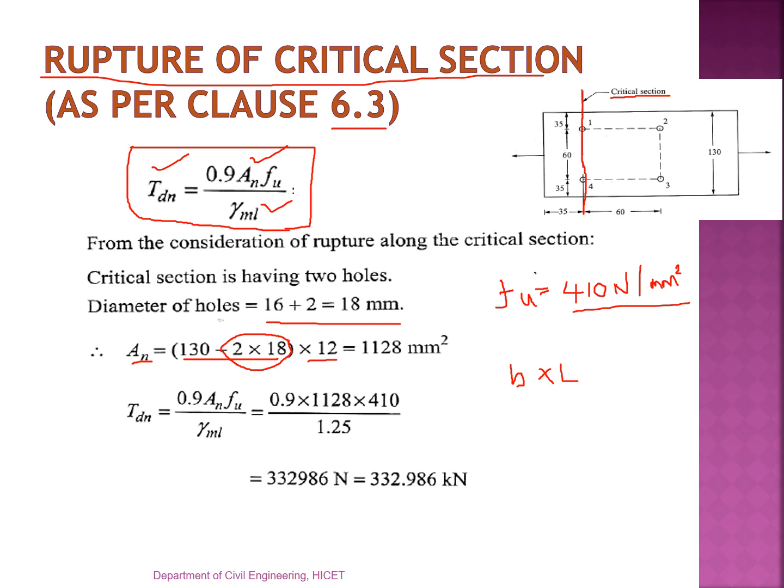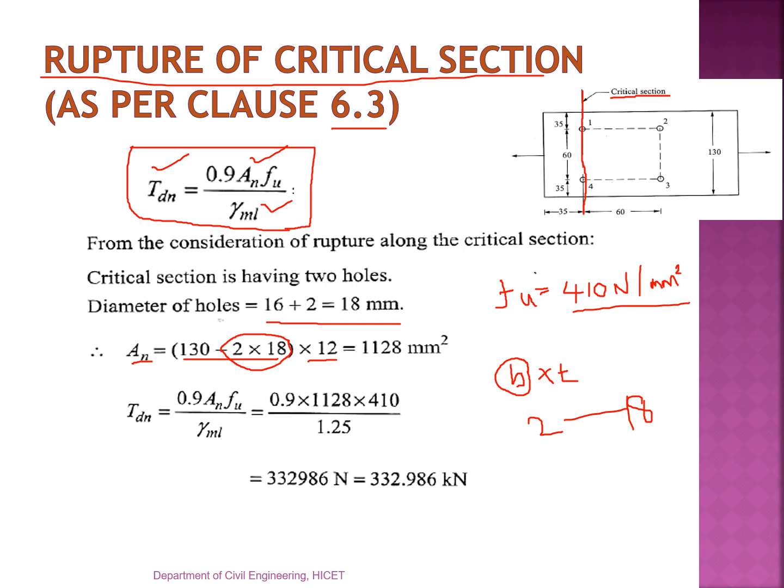So (130 minus 2 into 18) into 12, that is B into T, right? The total area of the plate is B into T. In this overall breadth of the plate we have two numbers of 18 mm dia bolt holes.